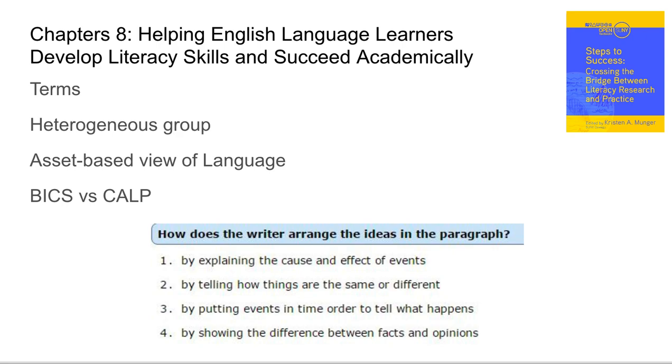The chapter begins with a discussion of the various terms and acronyms used to describe the population of students that are learning English. In my experience and in my position, we use the term English learner, EL, not English language learner, or ELL, for the student, and then ESL, English as a second language, to refer to the department and staff that support these students.